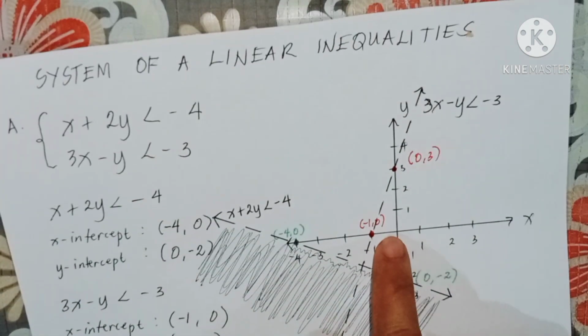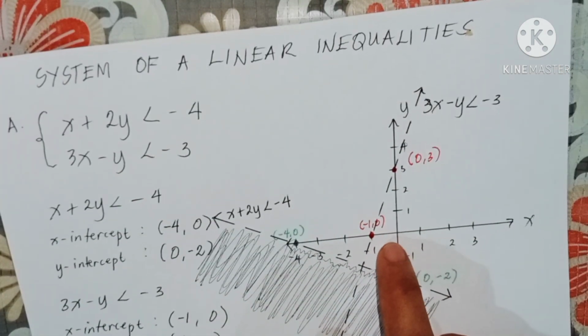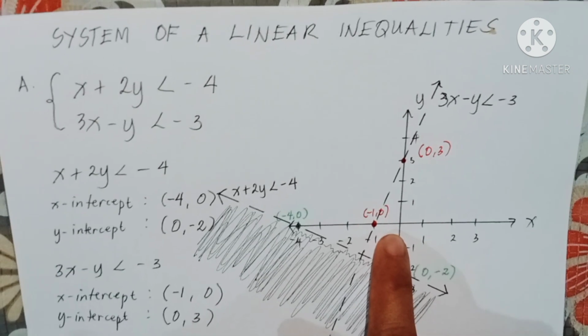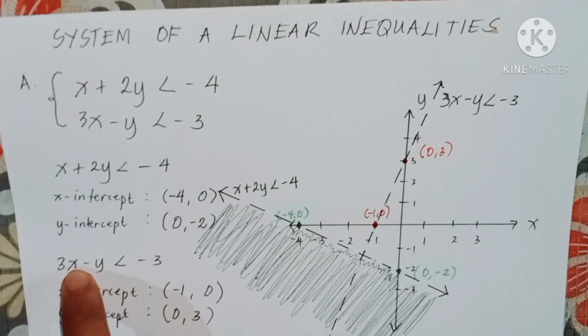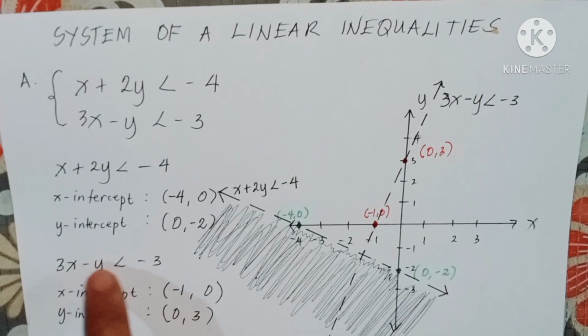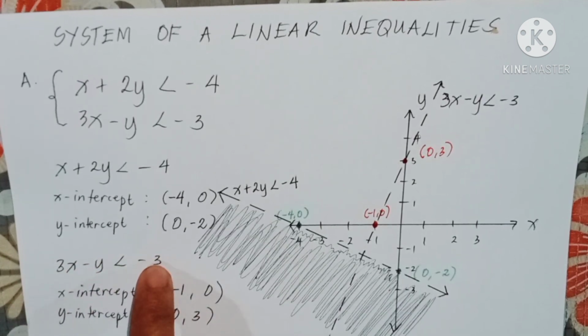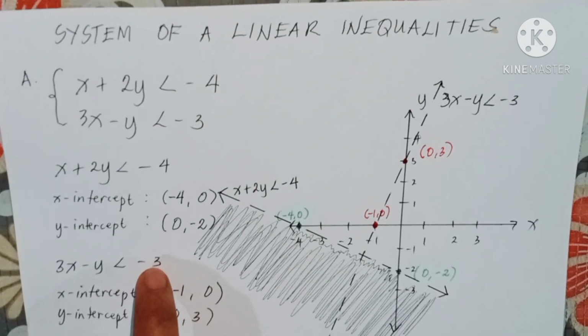So this time we're going to use again the test point of 0, 0. So 3 times 0 is 0, minus 0 is 0. Is 0 less than negative 3? That is false.